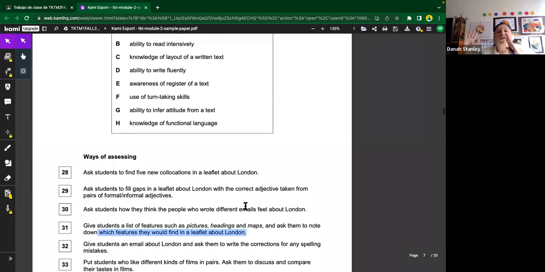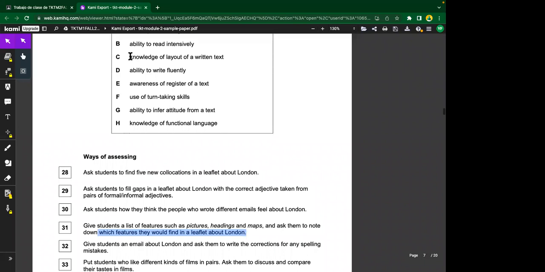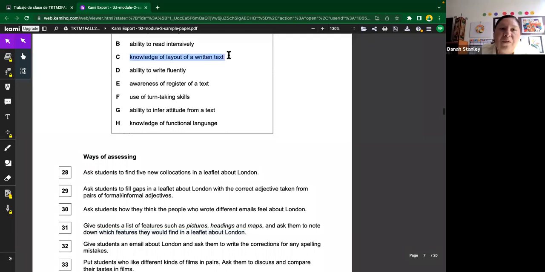I said I'm not going to focus on the grammatical structures or vocabulary, just recognition of the layout. Layout, letter C. Exactly. Knowledge of the layout of a written text. The layout is the format. So, in a leaflet, I have pictures, I have headings, and I have maps.